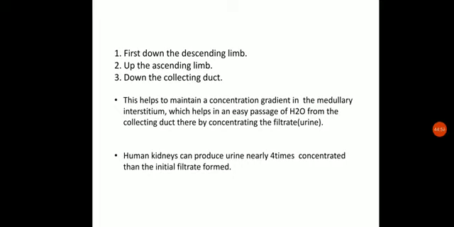The filtrate will be making 3 trips through the different tubules, from the cortical region to the medullary region, or from the medullary region to the cortical region.